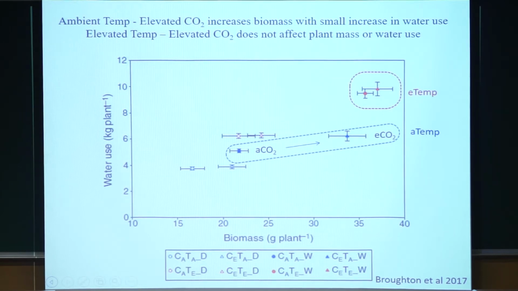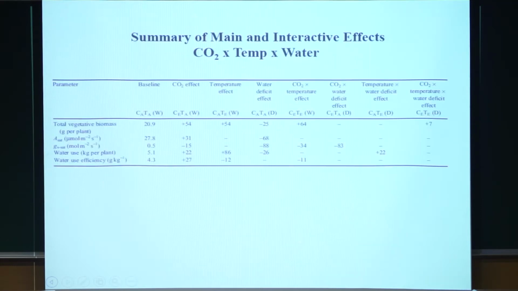But under elevated temperature, we didn't see a CO2 effect. We did see bigger plants, but we also saw significantly more water use. So under warmer, higher CO2 conditions, we will get bigger plants, but we'll also use a lot more water, which we don't have very much of now.